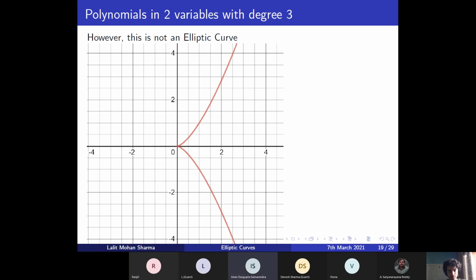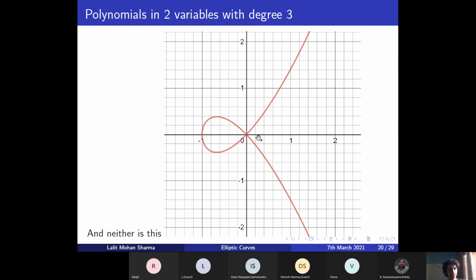They're vanishing at the origin, because the partial derivative with respect to y would be 2y, and with respect to x it would be minus 3x squared. If x is equal to 0 and y is equal to 0, both are vanishing, and they're also present on the curve, because 0 comma 0 is a solution of y squared is equal to x cubed. So we have a singular point, and that's why this curve is sadly not an elliptic curve.